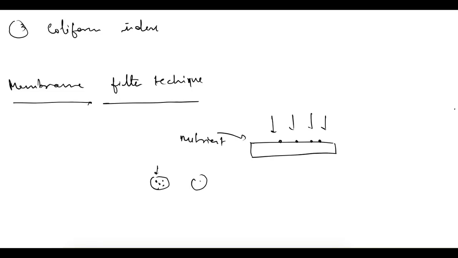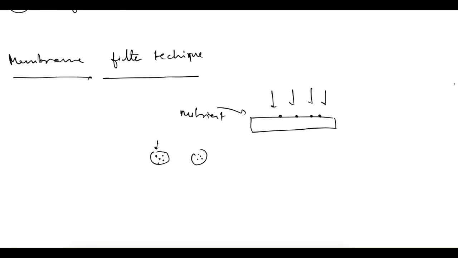So you can count the colonies under the microscope, and we can find out if this coliform group is present or not. So what is the nutrient we put here? That is M-endo broth.